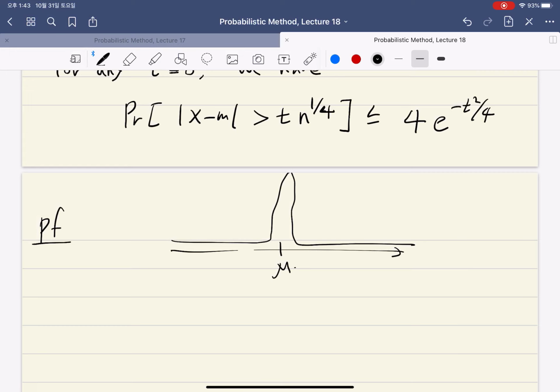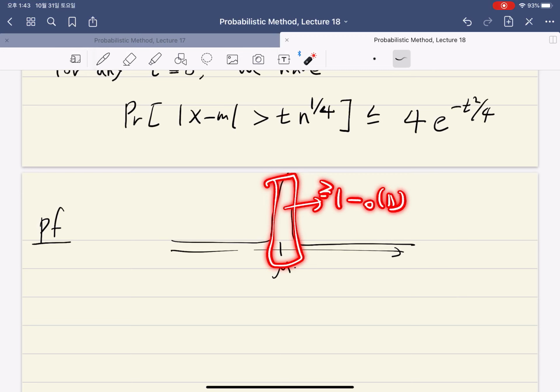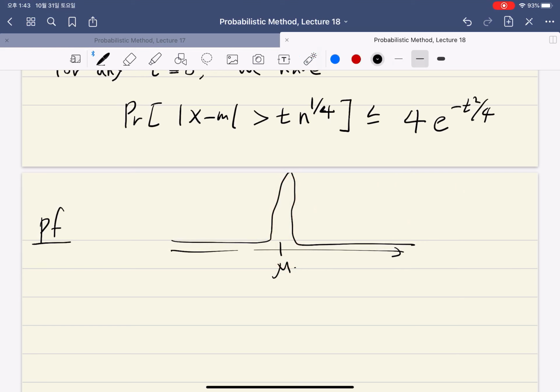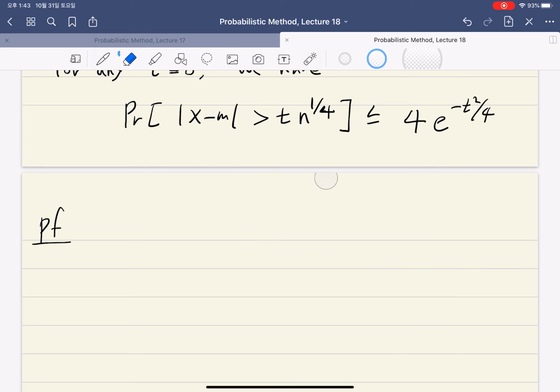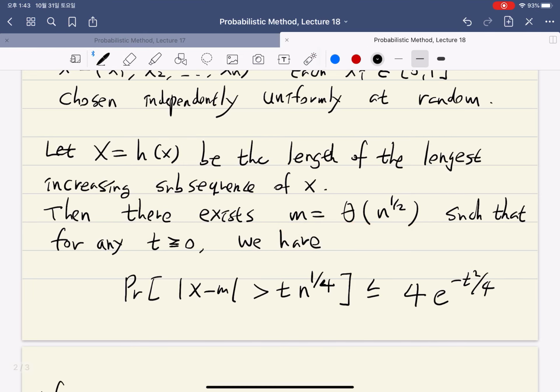Then the probability measure is concentrated here. So this part is small, this part is small, so this part has probability more than 1 minus o of 1. As this is bigger than half, if you compute the median, then it has to lie inside of this window. So that's roughly how one can locate this M.